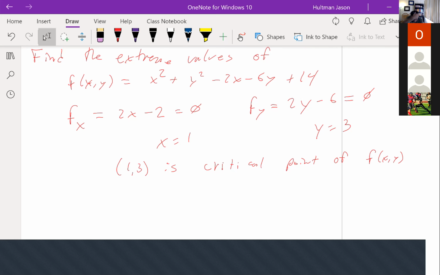Okay. So what's the value here? What's the value of this? Well, what's f of 1, 3?